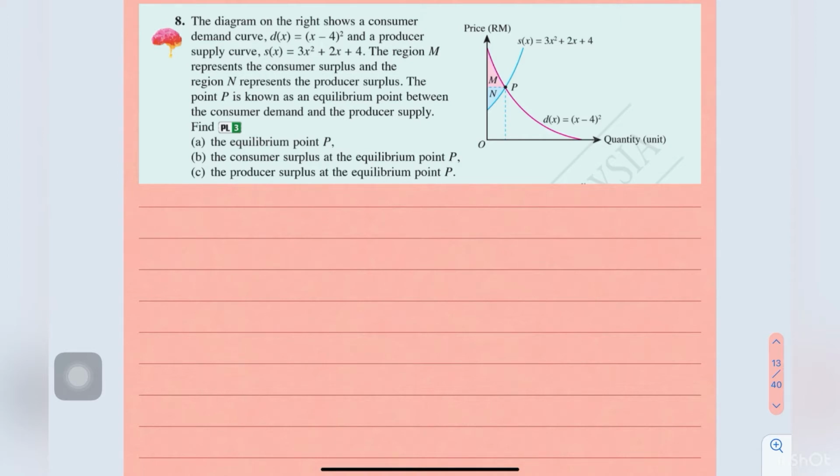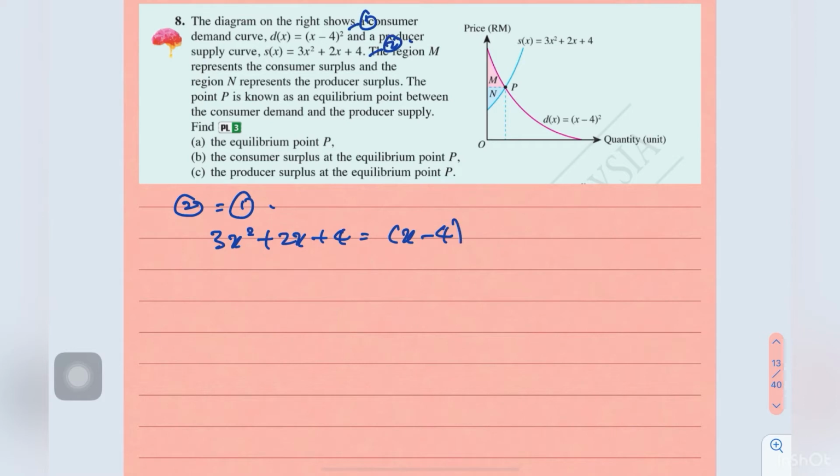So point P is the intersection point. To find point P, we can use simultaneous equations. Here we have equation 1 and equation 2. So 2 equals 1: 3x² + 2x + 4 = (x - 4)². We simplify first.